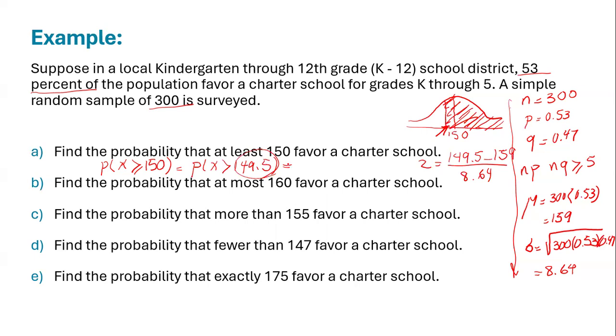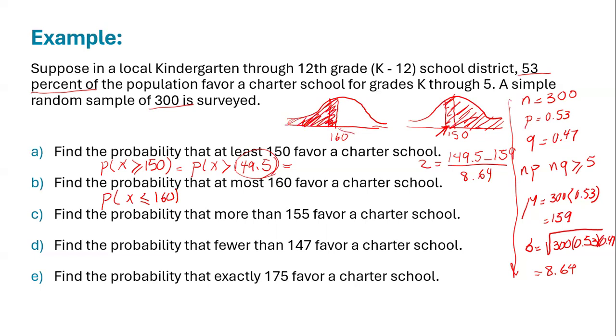Part B, find the probability of at most 160. At most means maximum, which means less than or equal to 160. If 160 is inside a bar, less than or equal to means this area, and I have to include the bar as well.